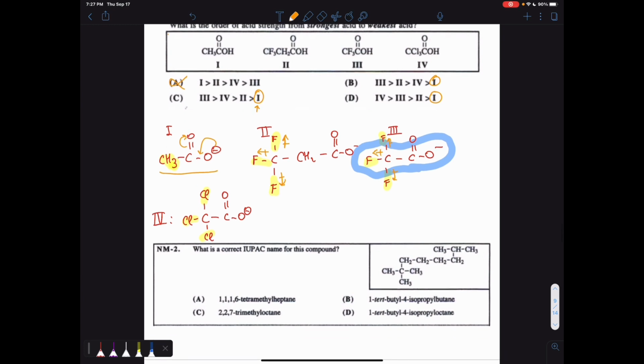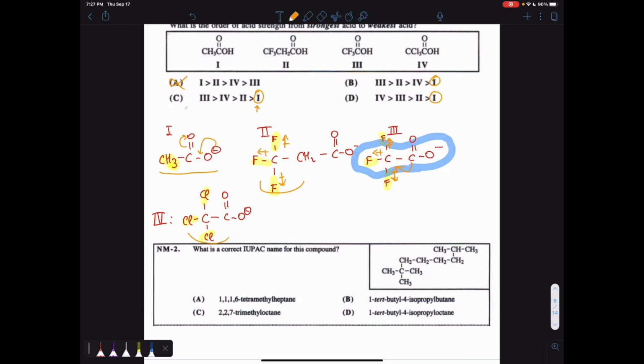Now, comparing 2, 3, and 4, what's the difference between all of them, right? If you look at number 3, the carbon that has the atoms that are inducting the electrons is right next to the oxygen, so it's closer to the negative charge compared to number 2. So 3 and 4 have the same thing.